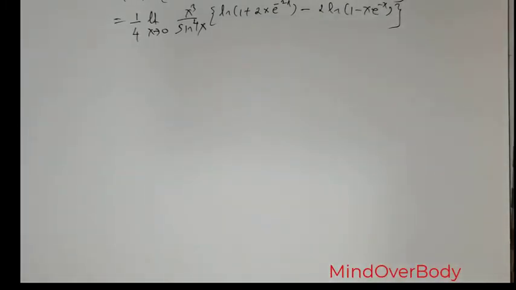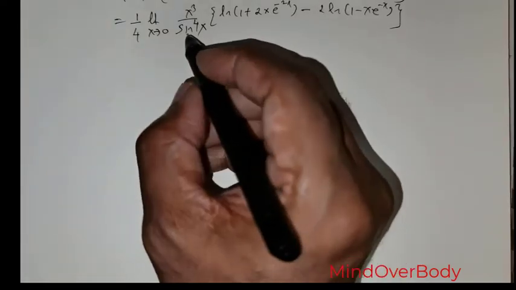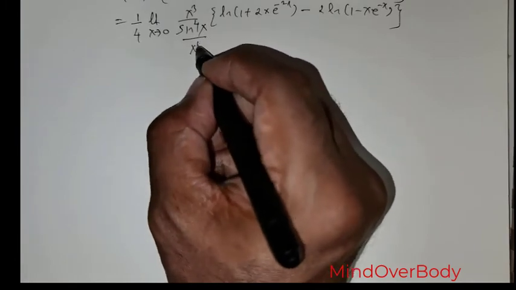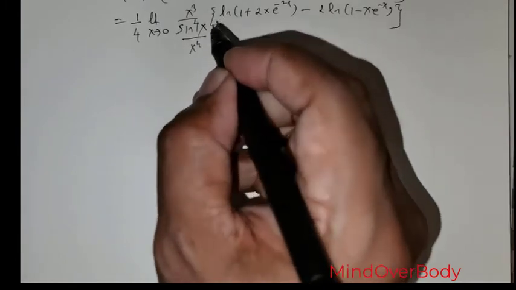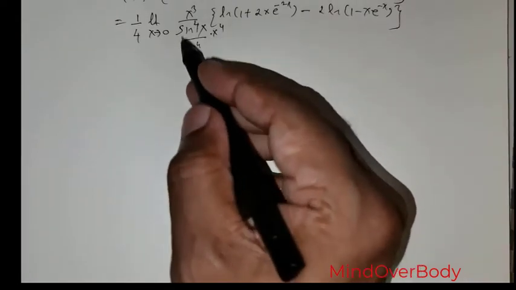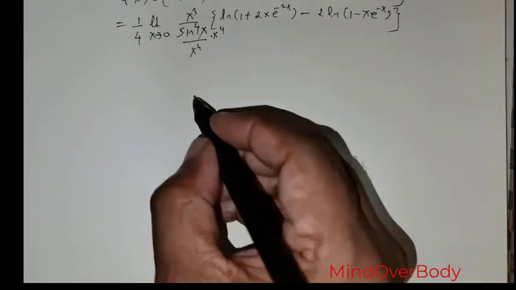So this is what I would have got upon expansion. Now I would like to divide this by x⁴ and multiply by x⁴, owing to the fact that this would lead me to 1.